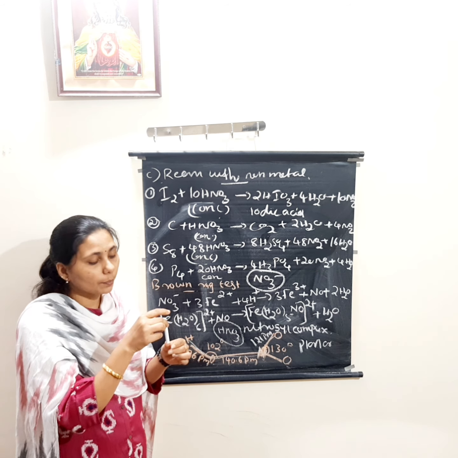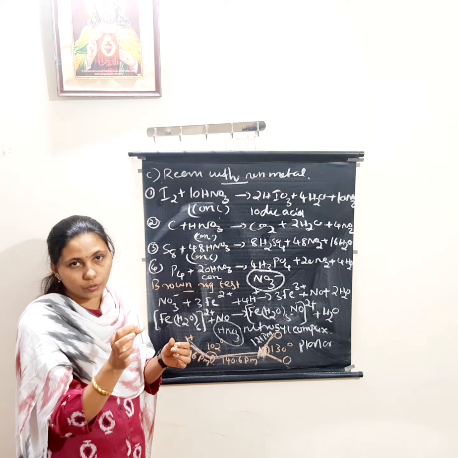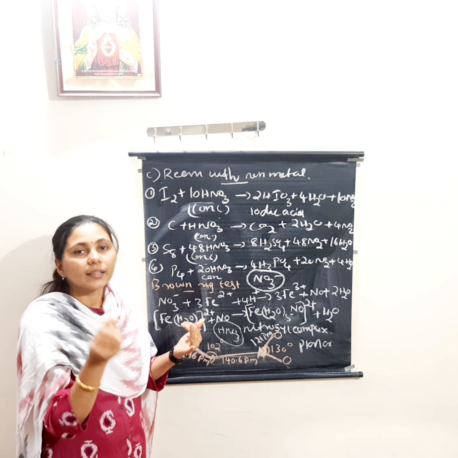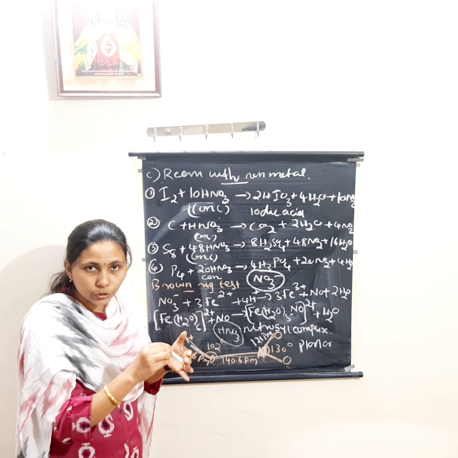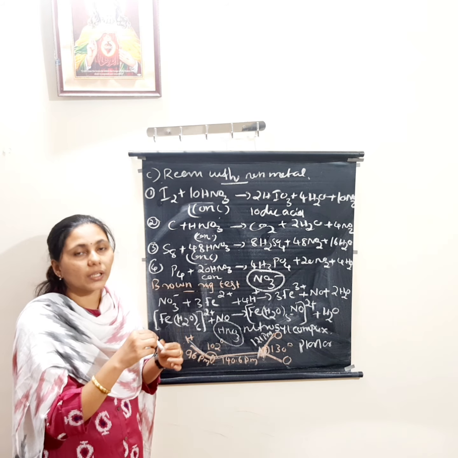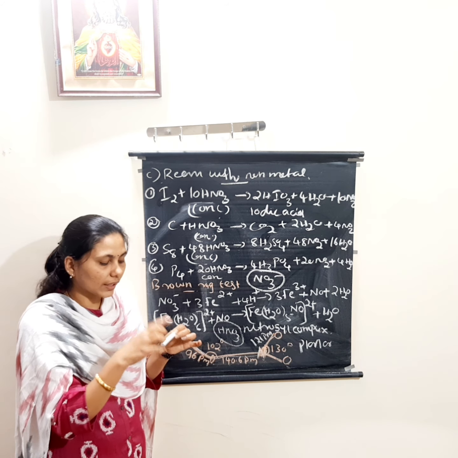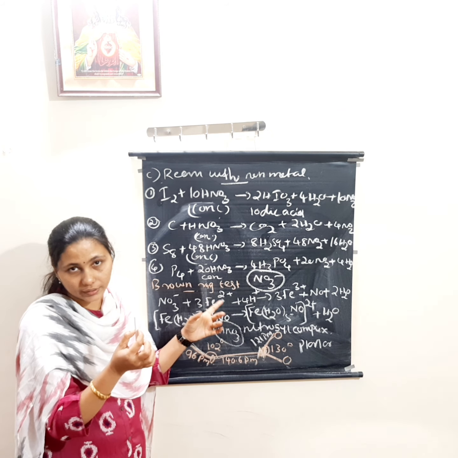Then we will get a brown ring in between the junction of two liquids. Okay. So salt solution plus concentrated sulfuric acid in one test tube, then add freshly prepared ferrous sulfate solution through the side of the test tube. Then we will get a brown ring at the middle of the junction of the two liquids. Okay, that is why it is known as the brown ring test.